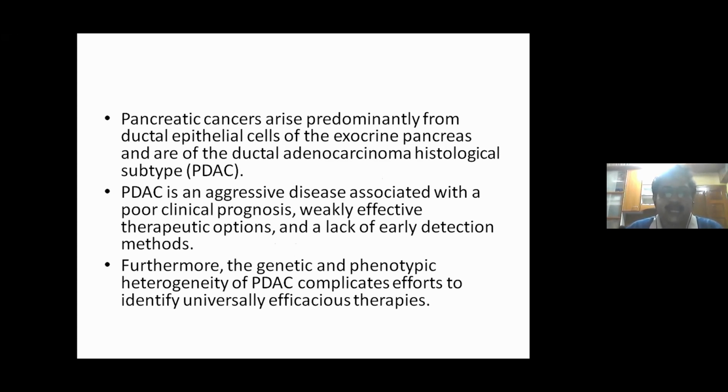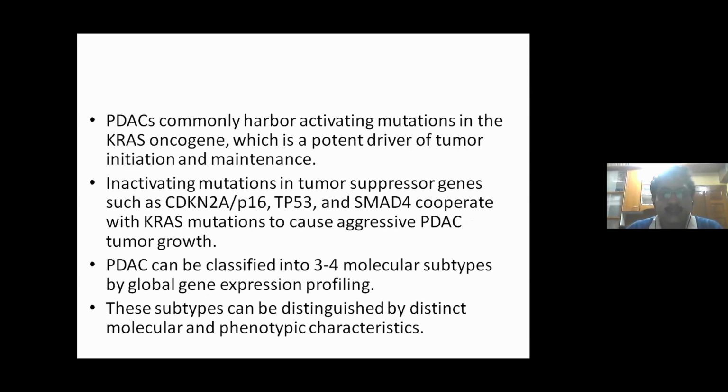Now, this PDAC is an aggressive disease associated with poor clinical prognosis, weakly effective therapeutic options, and a lack of early detection methods. Furthermore, the genetic and phenotypic heterogeneity of PDAC complicates efforts to identify universally efficacious therapies. PDACs commonly harbor activating mutations in the KRAS oncogene, which is a potent driver of tumor initiation and maintenance.